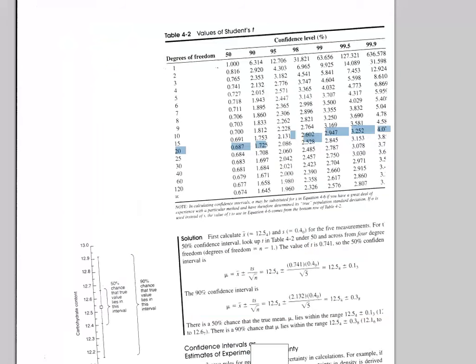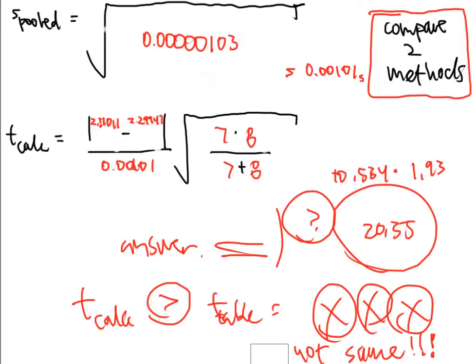So again, I didn't need the full table to determine that. My 10 is 2.228. My 20 is a 2.086. My 14 has to be somewhere in between there. Nowhere near a 20. I don't need to find a table for that. I know my 20 is much, much greater than the T table itself.